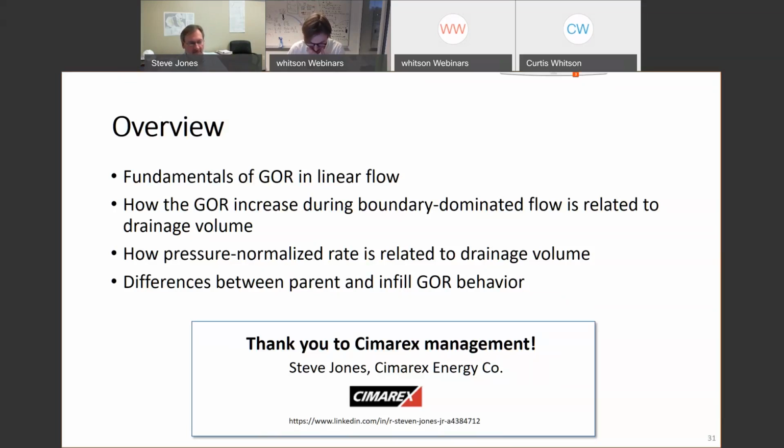As everyone knows from their petroleum engineering training, you really can't diagnose the size of the reservoir except for a minimum until you get into boundary dominated flow, because the production isn't responding to the boundaries of the reservoir. So the main difference is trying to diagnose information about drainage volume from boundary dominated flow.